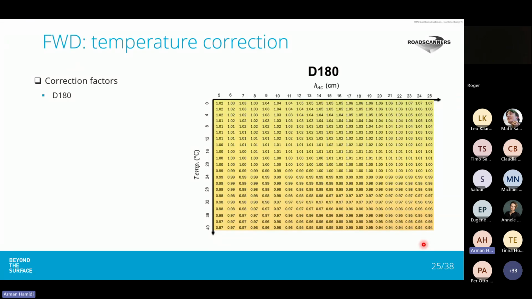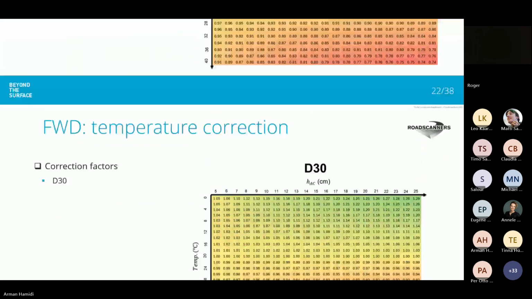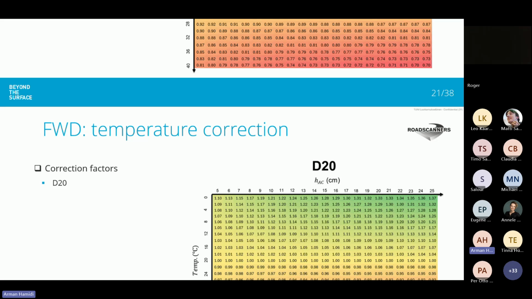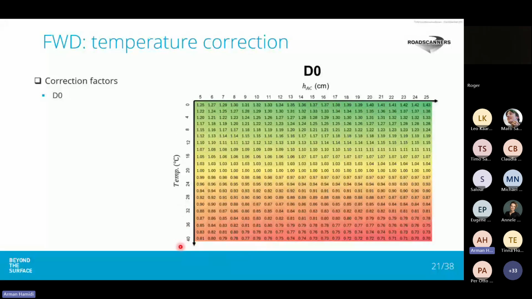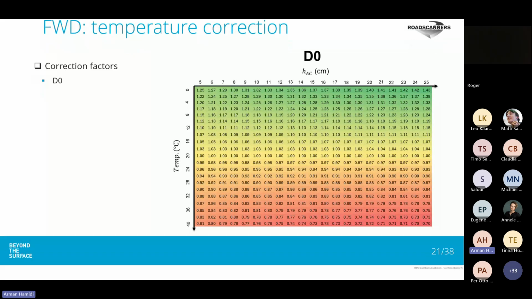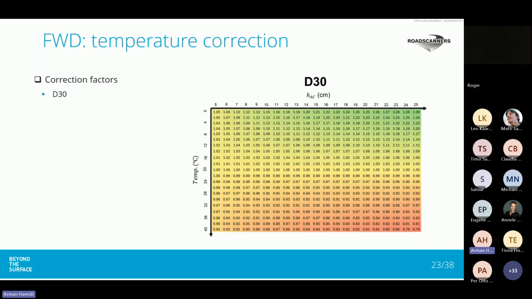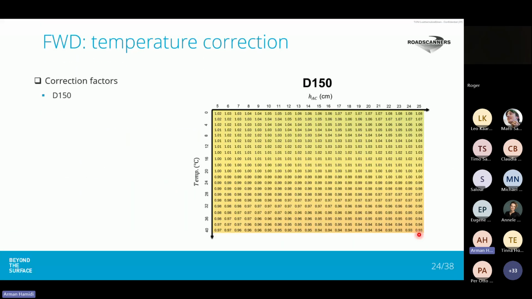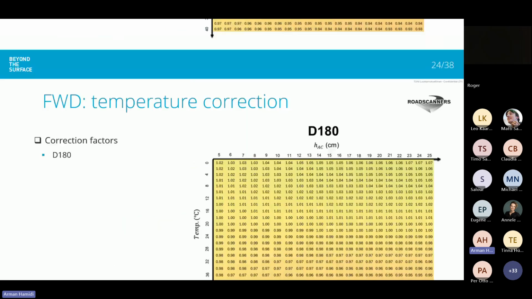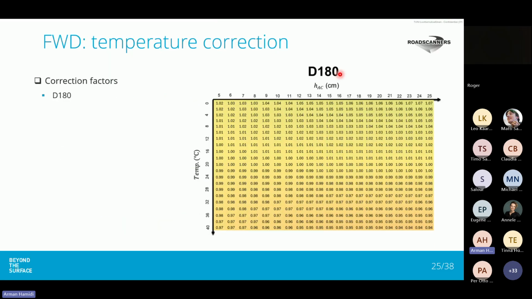So if I just want to show one specific cell, come back to this D0, we see that when temperature is 40 degrees centigrade and asphalt layer thickness is 25 centimeters, the correction factor is 0.7 for D0. And for D20, it is 0.74. For D30 it is 0.79. Here, 0.93. And at the last radial distance, it is 0.96.